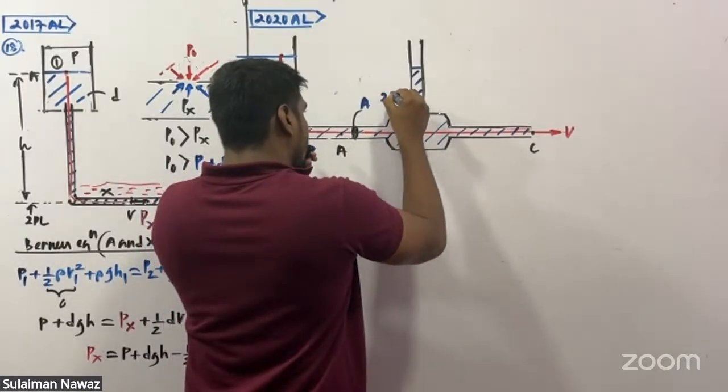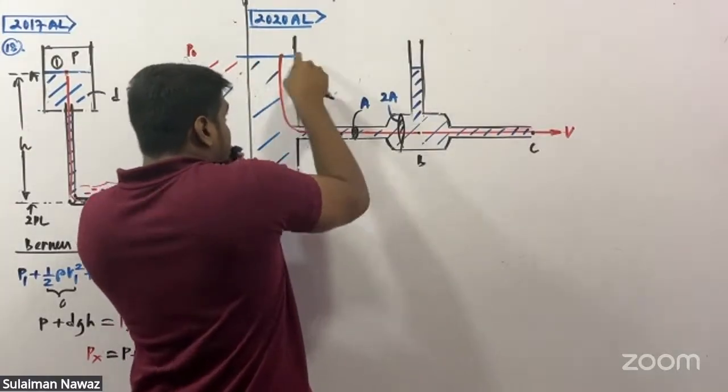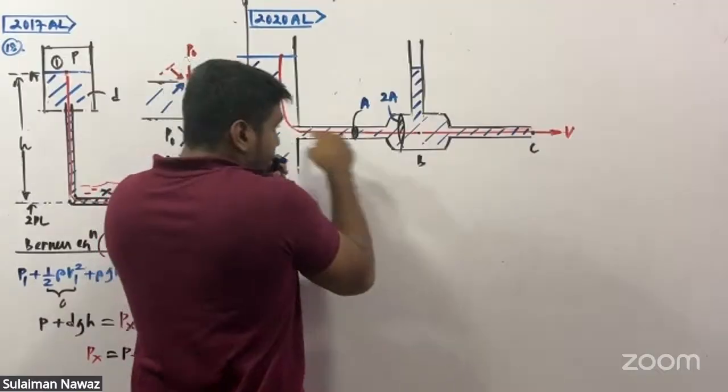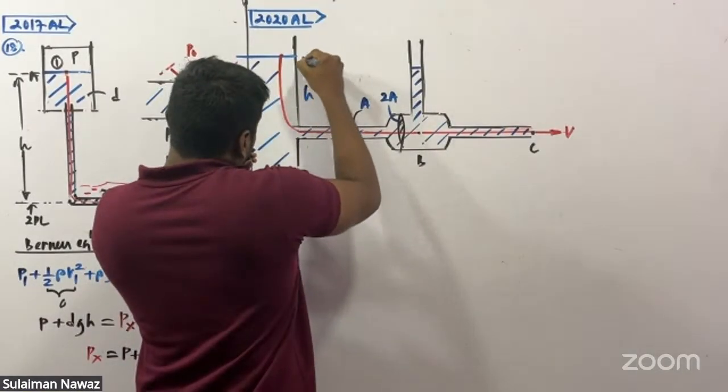So far, understandable? The vertical height from this streamline to the free liquid surface in the tank is simply H.